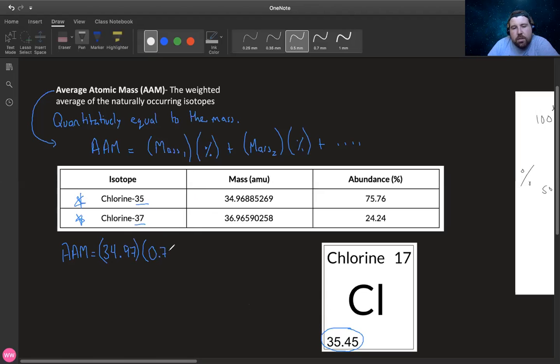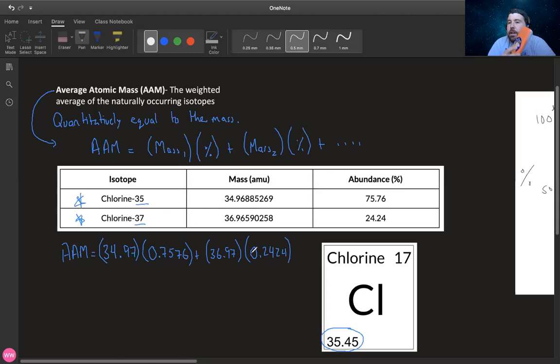Notice I'm changing it to decimal form, so 0.7576, plus the mass of the second isotope, which is 36.97, times the percentage in decimal form, 0.2424.